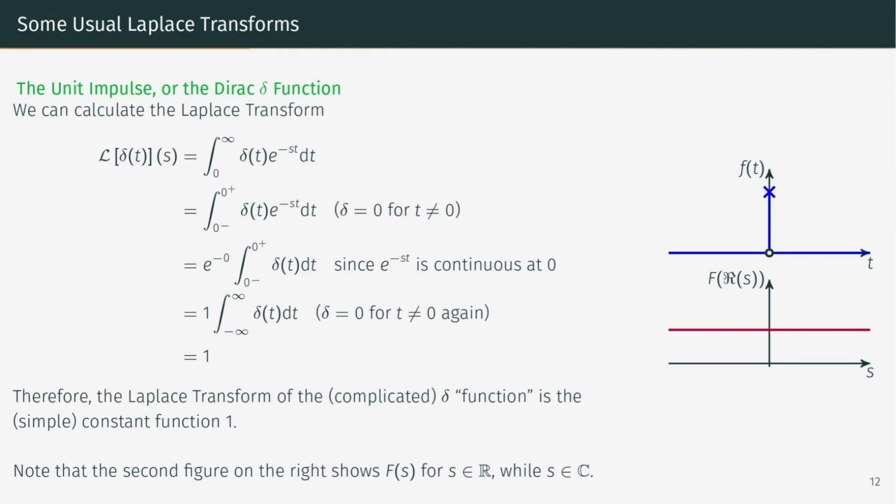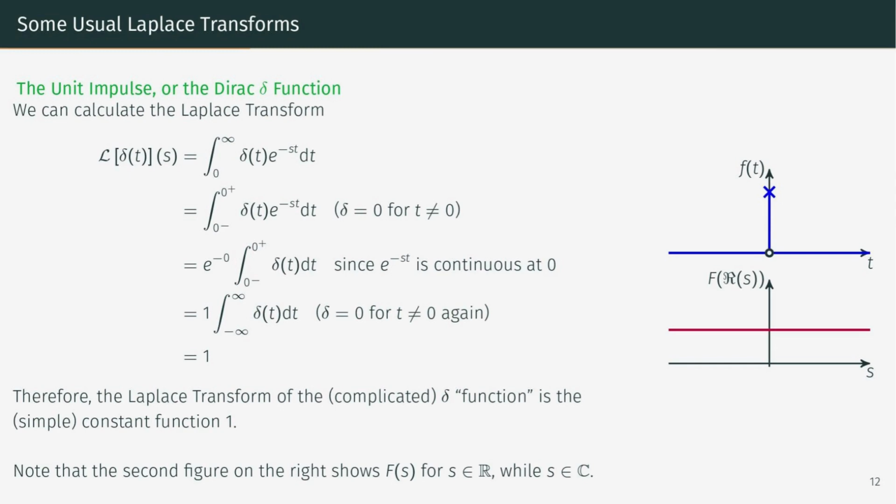This then equals the integral of the delta of t times e to the negative st dt from 0 from the left to 0 from the right, where we know that the delta equals 0 for t not equal to 0 by definition.